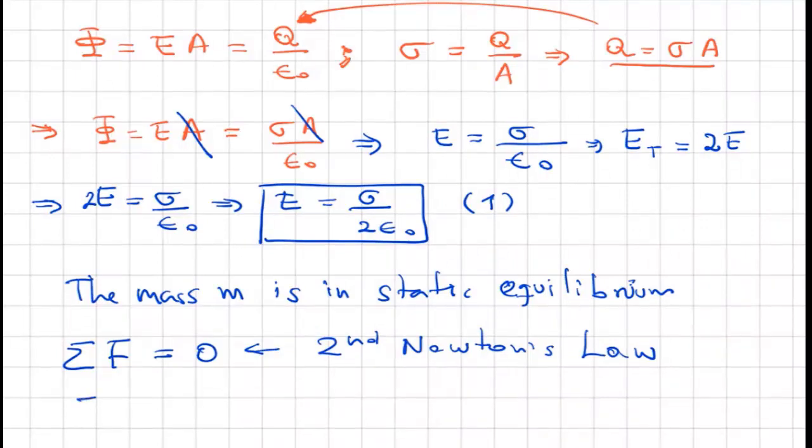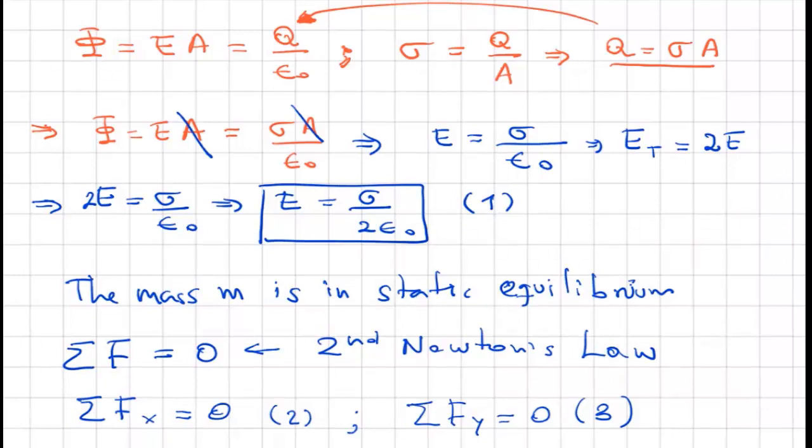So we have total force along the x-axis equal to 0, and we call that equation number 2, and we have total force along the y-axis equal to 0 as well, and we call that equation number 3. This is Newton's law, right? And if we come back here real quick to equation number 1, that's the Gauss law. That's the electric field, calculated with the Gauss law.